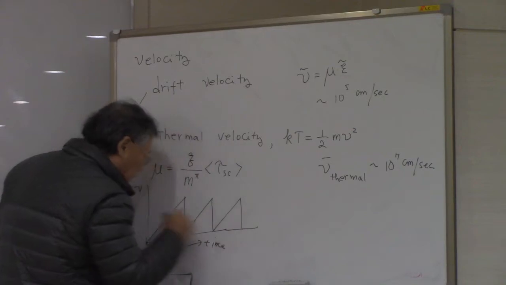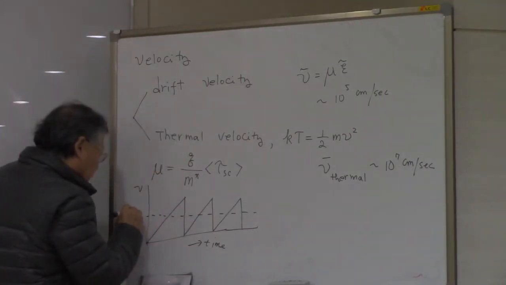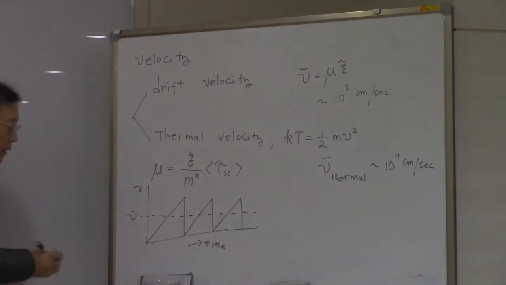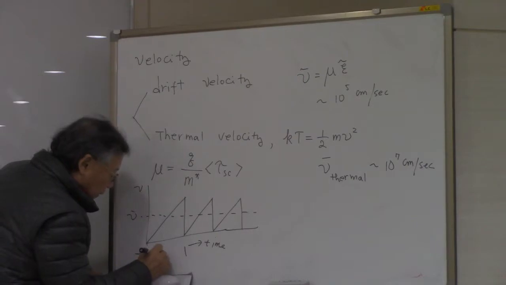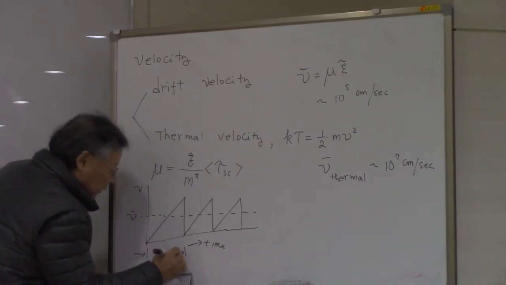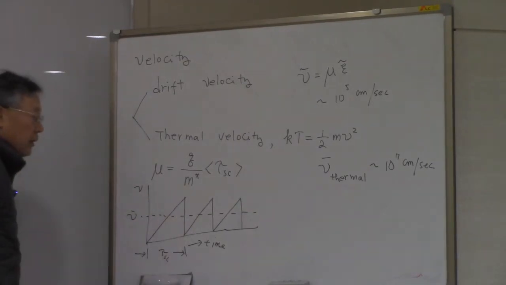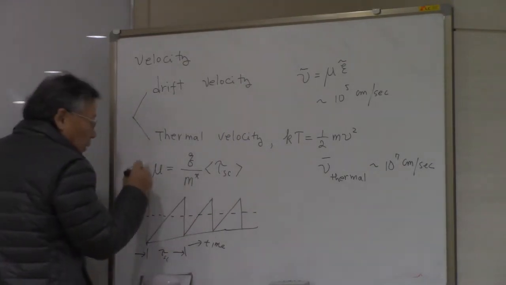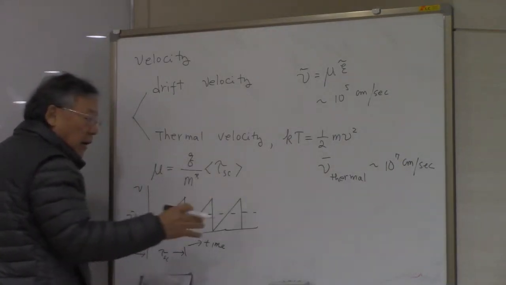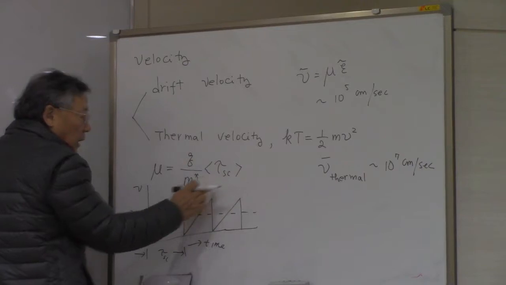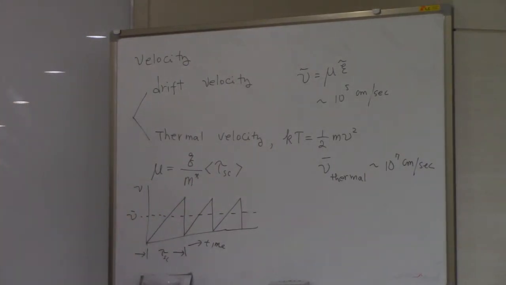It goes like this, so that the average velocity is somewhere in here. And from here to here, we call that the scattering relaxation time. During that time, it is accelerated, so that the mobility of the electron should be proportional to the time for the acceleration, and inversely proportional to the mass, something like that.